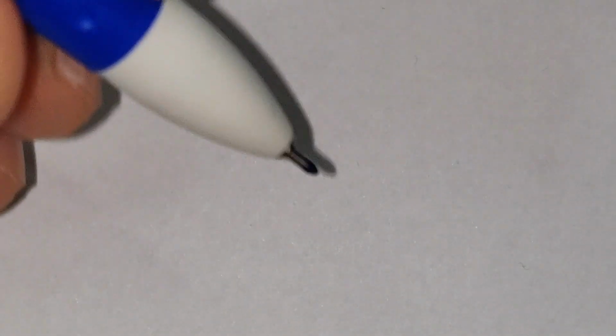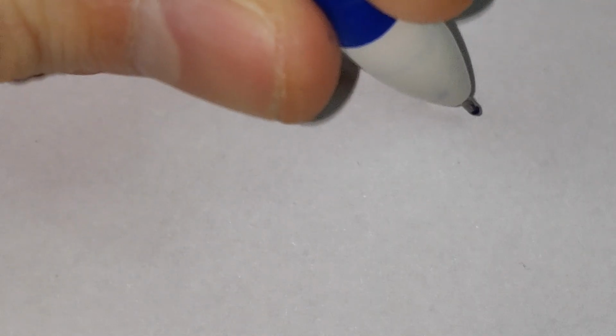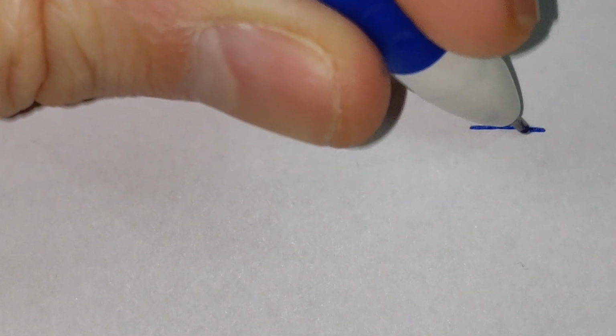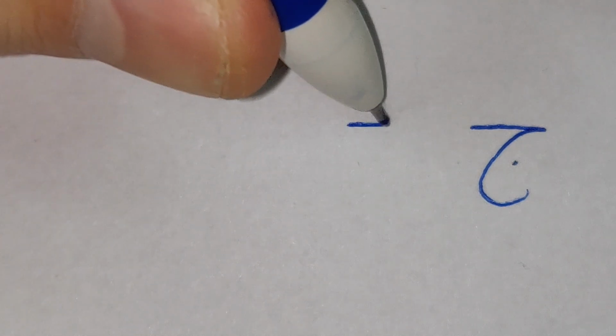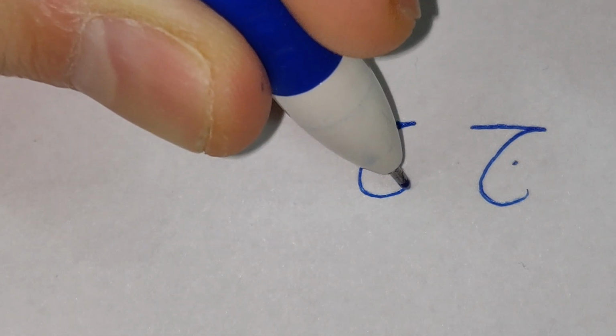The next set of characters are jim, ha, and kha. Let's write them together. Jim, ha, kha.